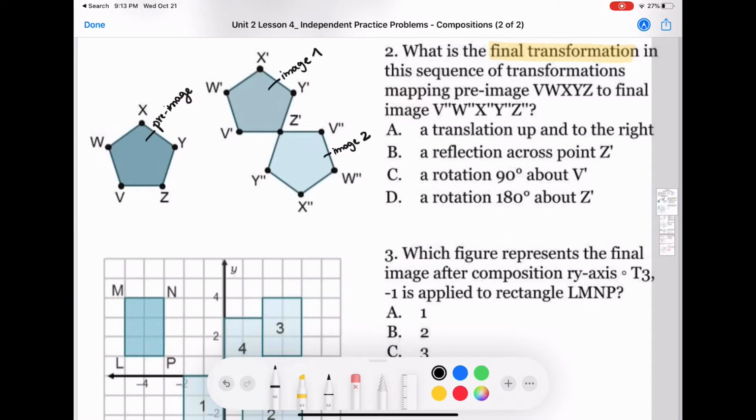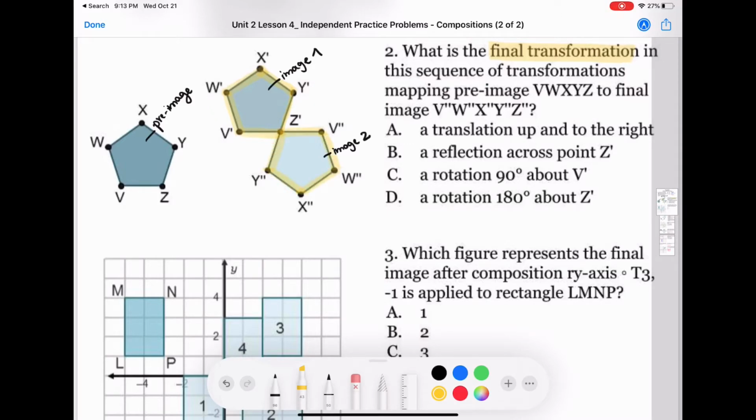And so what we're being asked to identify is what is the final transformation. So our final transformation takes place between our image 1 and our image 2. So we want to identify what transformation did we apply to image 1 to result in this last image.